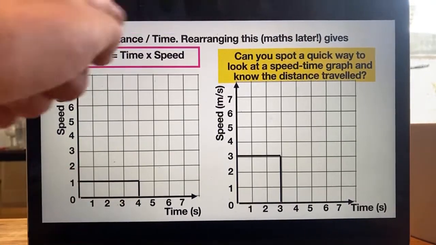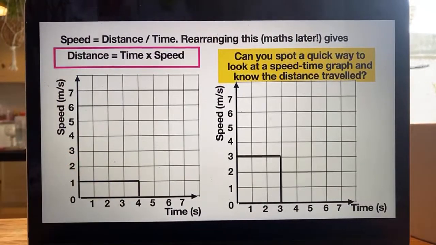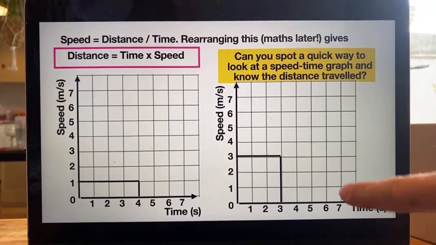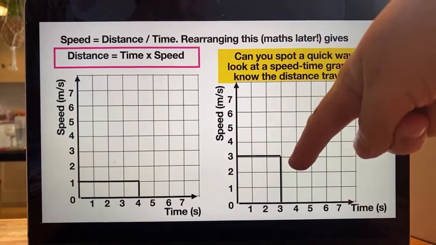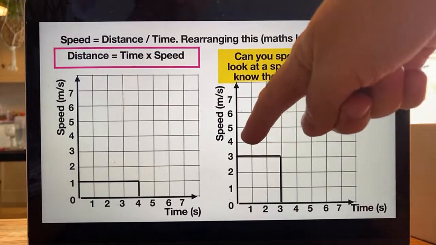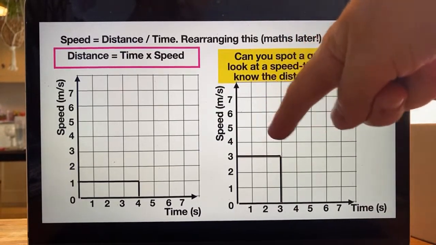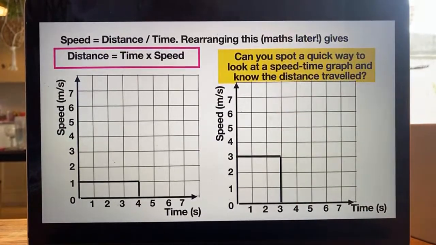You might know how much distance it's gone, but can you see a way of spotting it? This thing went at 3 metres per second for 3 seconds. So again, you might well be able to work out quickly the distance that it travelled, but can you see another way of knowing?